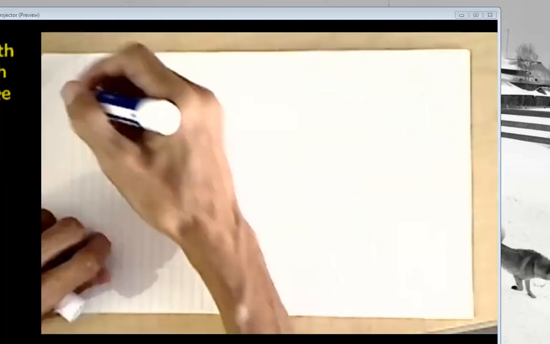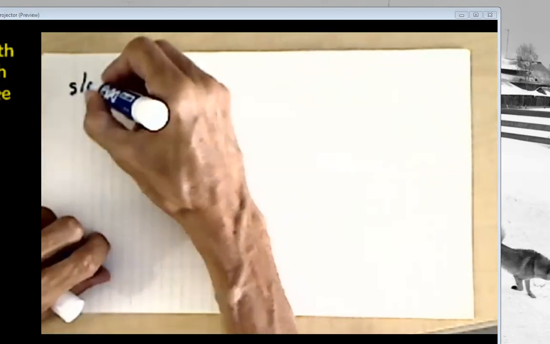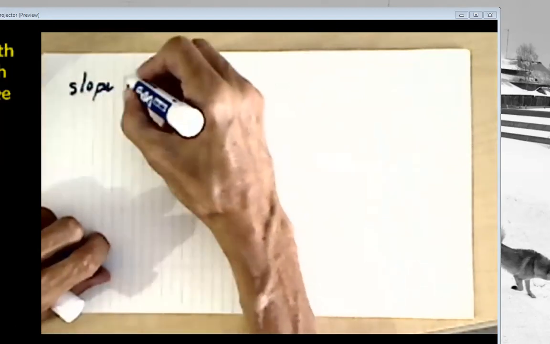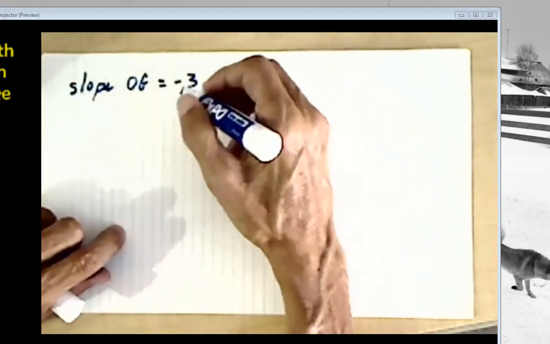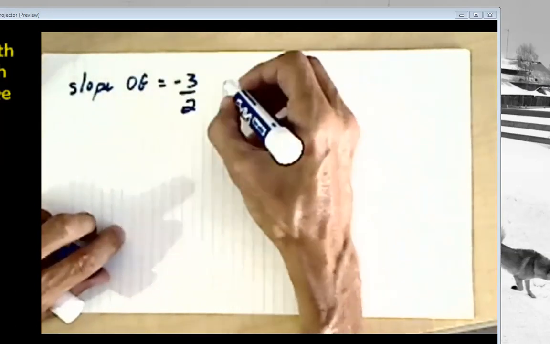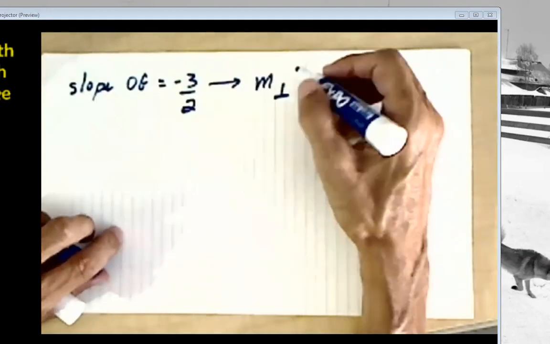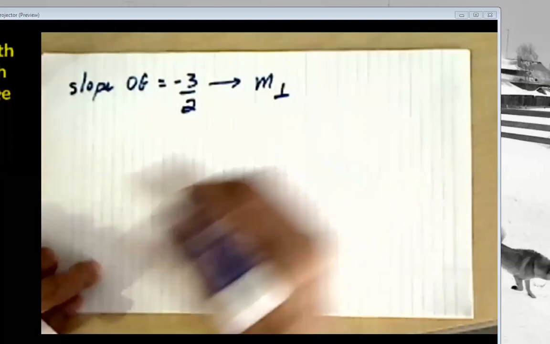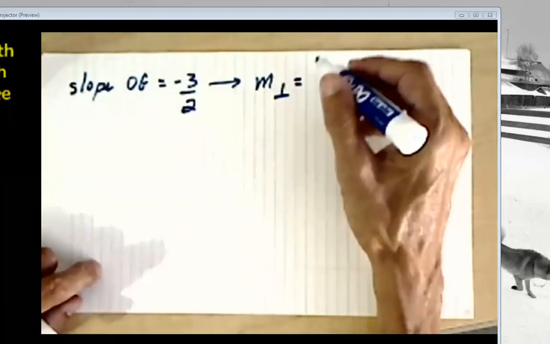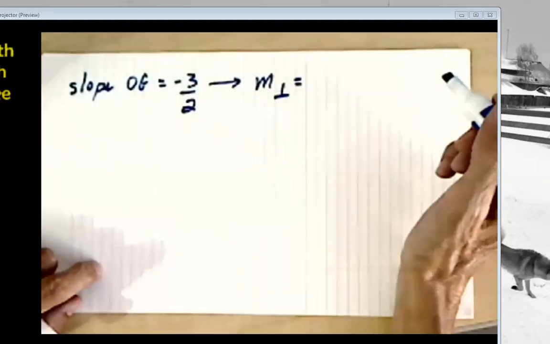Yeah. Okay. So we have the OG slope, the original. That is equal to minus 3 over 2. We need a perpendicular slope. So what is that going to be? It's going to be like minus 2/3 or 2/3, I think.